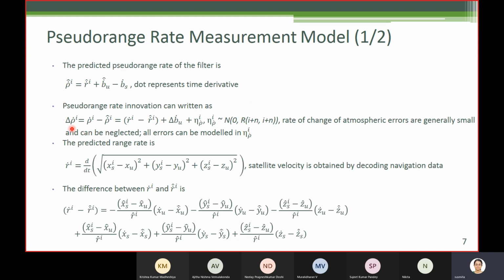Then the same thing has to be done, the difference between the pseudo-range rate measurement and predicted pseudo-range rate has to be taken. So again here we have R dot minus R dot hat for the ith satellite, delta bu dot, and the corresponding measurement error term, again Gaussian distributed with zero mean and some error covariance.